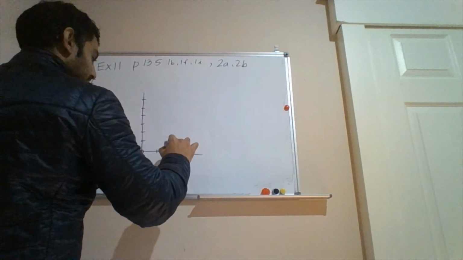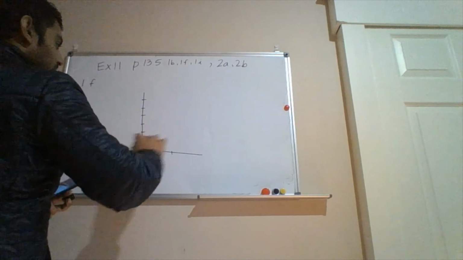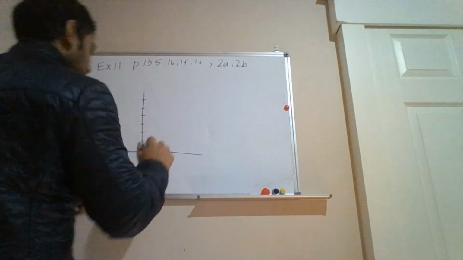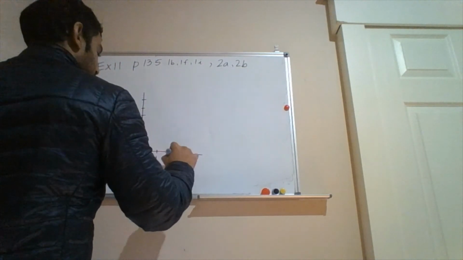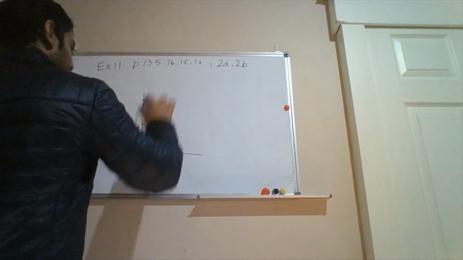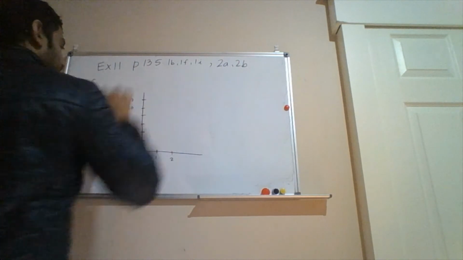Okay, and this is just so that when I draw my graph, both of them aren't too narrow. So 0, 1, 2, -1, -2, and this goes up 10, 12.